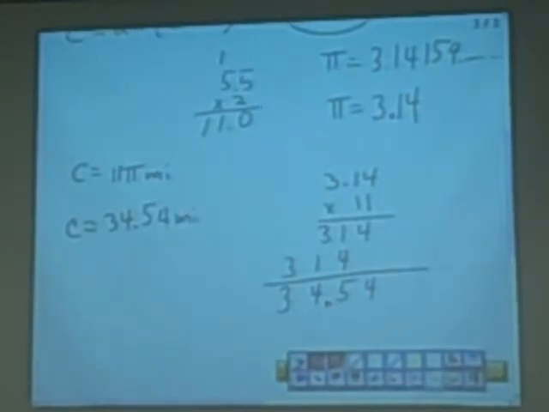Okay, and since you're using 3.14 and the book's answers are based on using calculators, and we're not using calculators, your answers may be one or two digits off, but as long as you're close to the answer, you know you're going to be right.